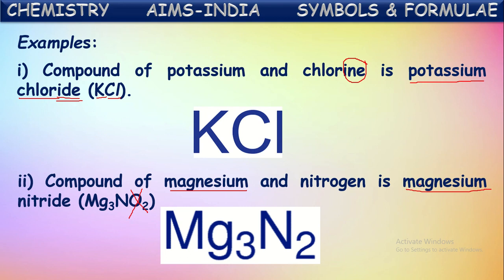And next, the non-metallic part is nitrogen. So after writing magnesium, nitrogen is written. But from this nitrogen name, some letters are removed and ide is attached at the end of the name. Now it became magnesium nitride.